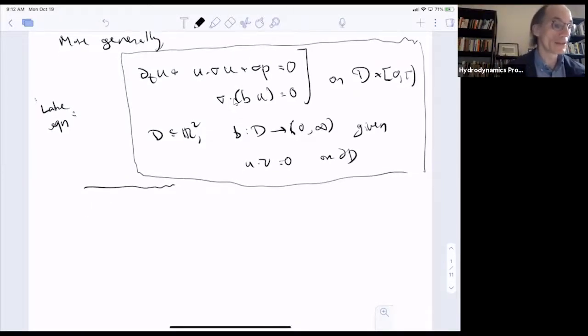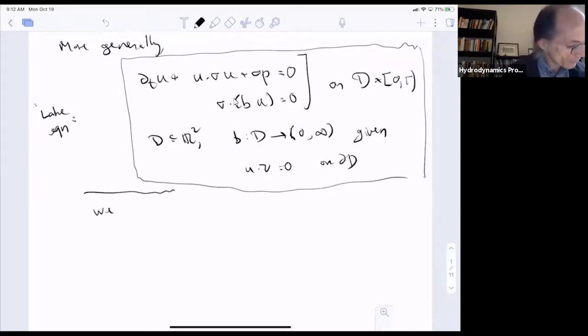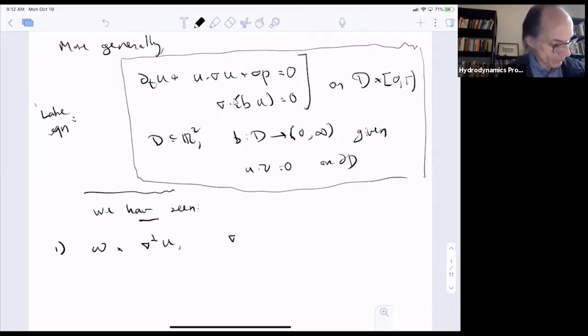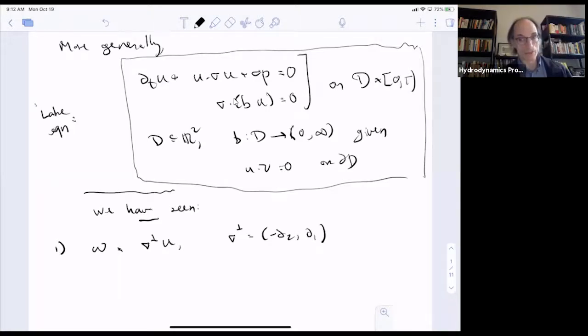What did we see? We define the vorticity as usual, the orthogonal gradient of U, which on the half space I would write as minus d_z, d_r.